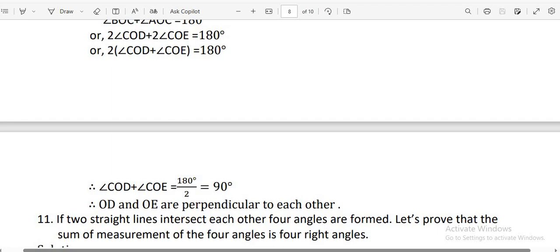Angle COD plus angle COE is equal to 180 degrees by 2, which is 90 degrees. Therefore OD and OE are perpendicular to each other. Since the angle is 90 degrees, it is proved that the internal and external bisectors of an angle are perpendicular to each other.